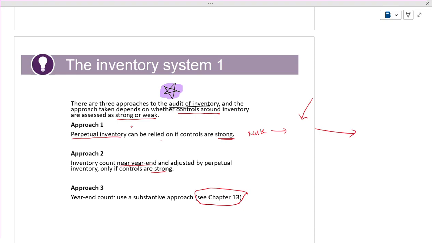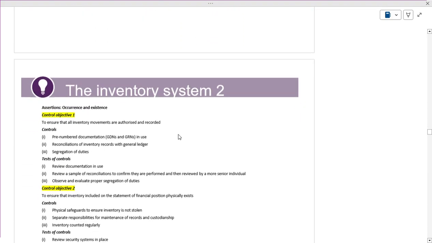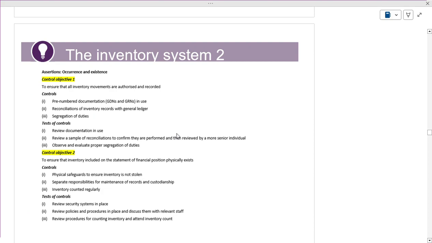We are talking about the approach to inventory, which is interesting, like purchases. Now what do they say? They ensure that inventory movements are authorized and recorded. Inventory is moving from one place to another.